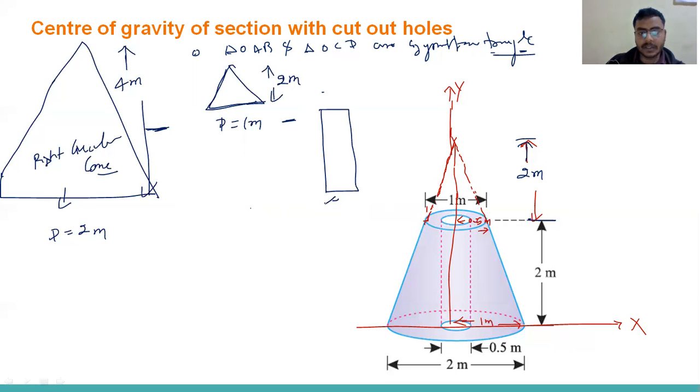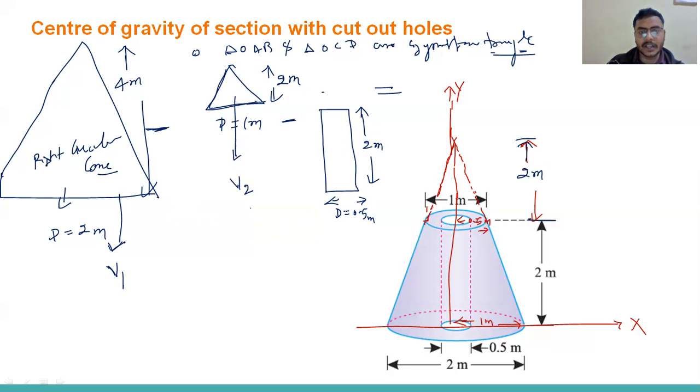Okay, so its diameter is given, that is 0.5 meter, and its height is given, that is 2 meter. You can see in this figure. So finally, we have calculated this as V1. Then we have deducted this top portion, so that will come under V2.